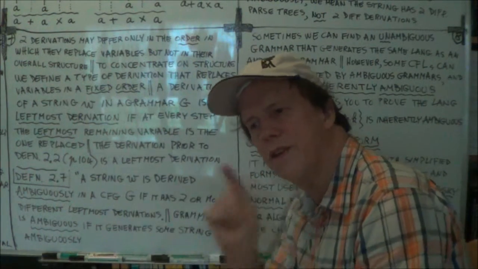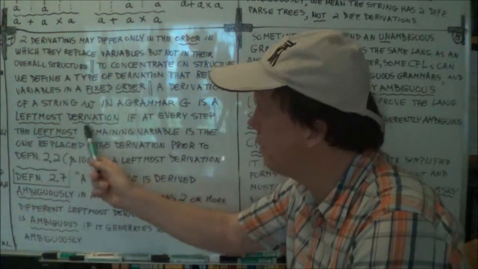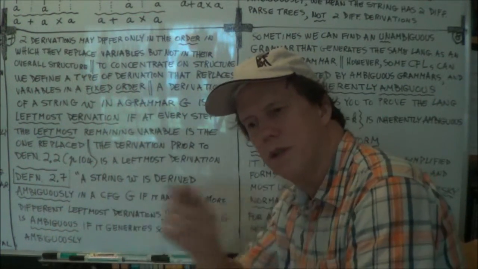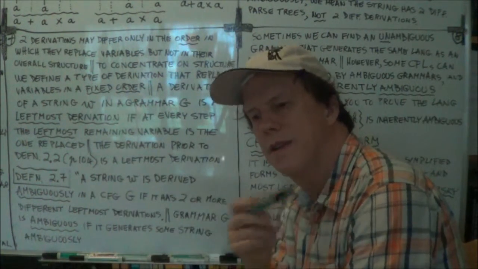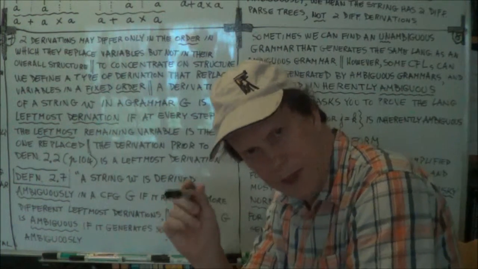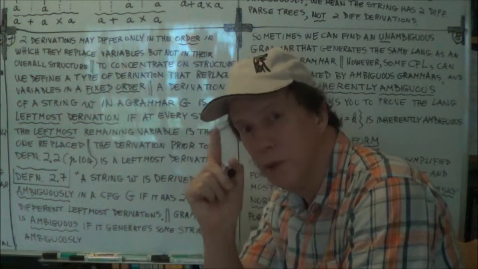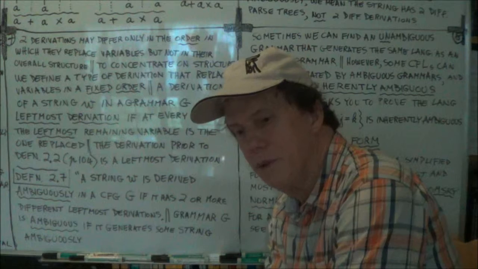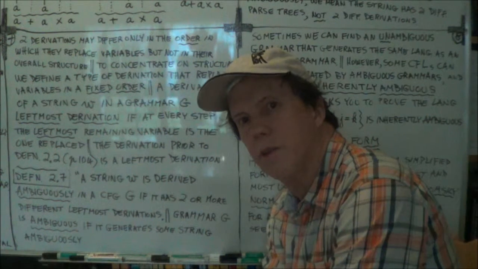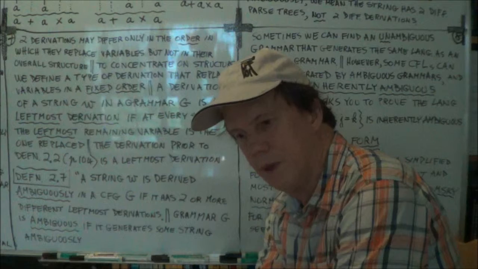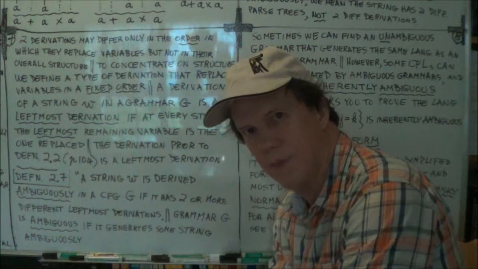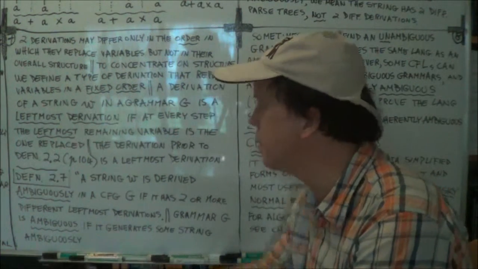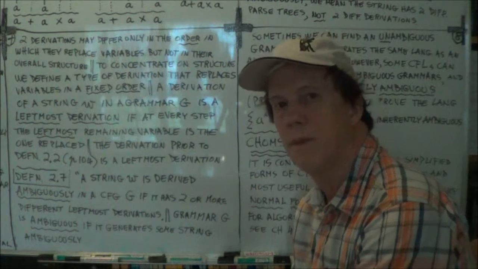To get rid of that and concentrate only on the structure, you can have a convention of what's called leftmost derivation. And what that means is you look at your string as it currently exists, and from the left hand side, you look for the first variable, not terminal, variable. Then you substitute that variable, you use a substitution rule to rewrite that variable. Okay, and you just work from left to right. So that's leftmost derivation.